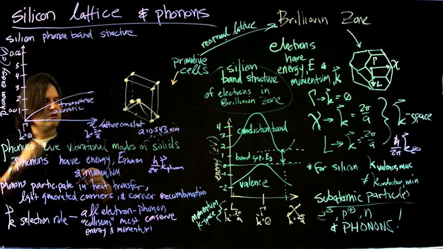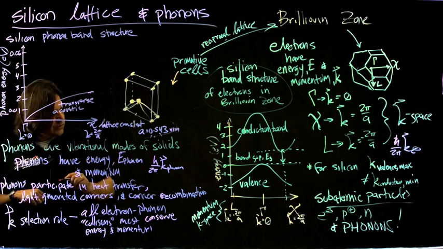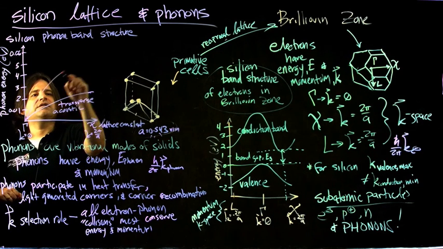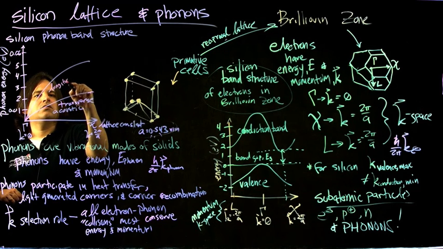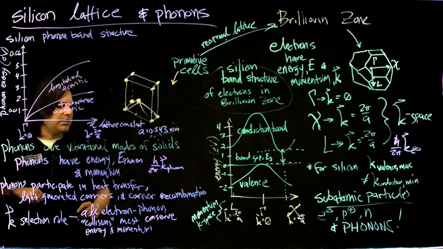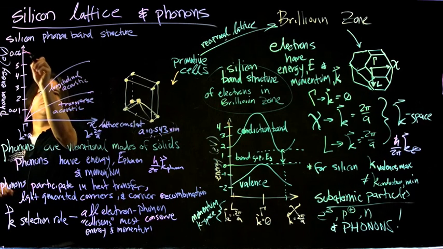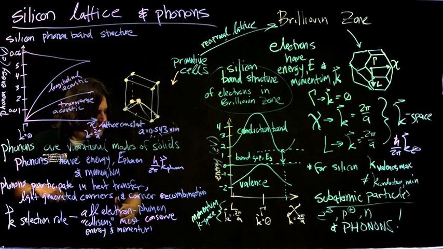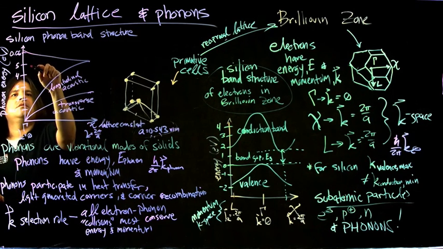That's a different story. So here's the longitudinal side. It goes something like this. This will be the longitudinal acoustic. And then you have something like this. This would be the longitudinal optical.